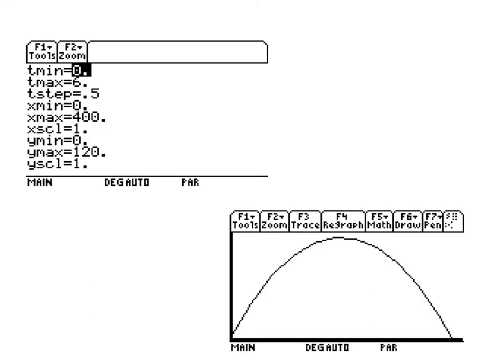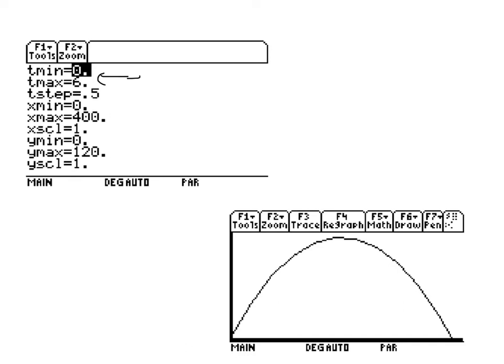Using what I know from my functional notation, I can now set an appropriate window to graph this in parametric mode. It took less than 6 seconds for my ball to hit the ground, so I chose 6 as my T-max. I did step 0.5 because I think that'll be plenty.